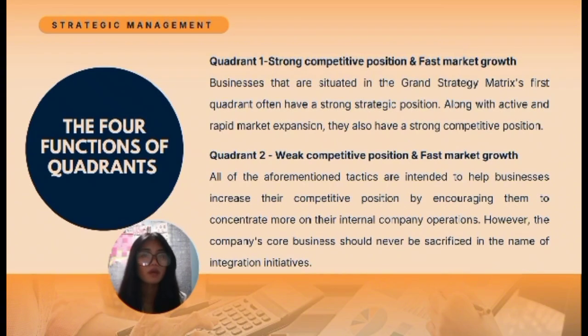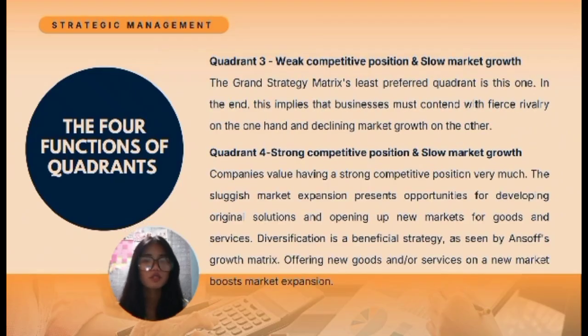Quadrant 2 is weak position plus fast growth, meaning that the market is good but the business is weak. But its goal is to improve competitiveness. And its strategies should improve quality, marketing, and operations. Quadrant 3 is weak position plus slow growth, meaning that the business faces many problems, and its goal is to recover and improve its position.